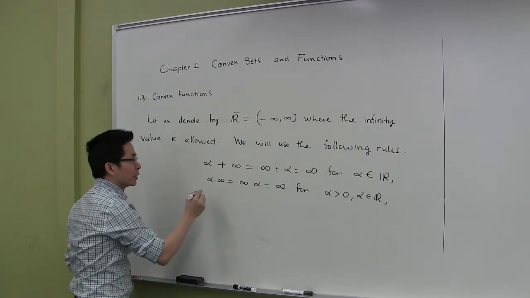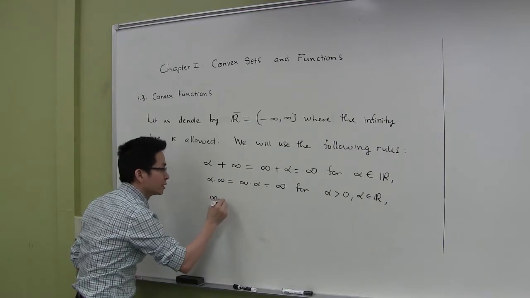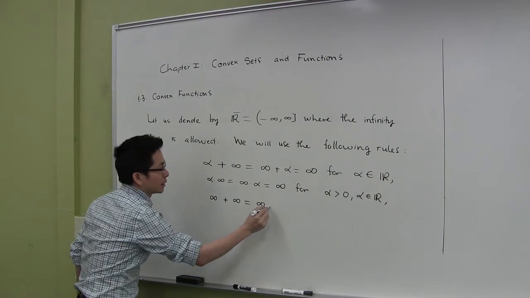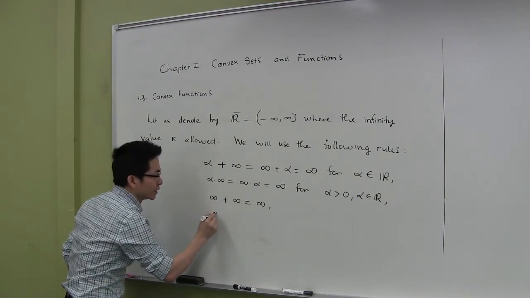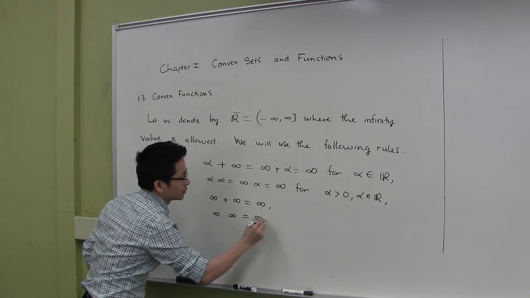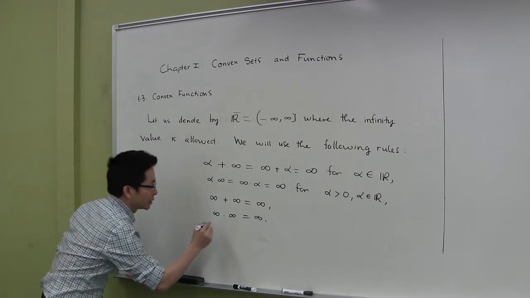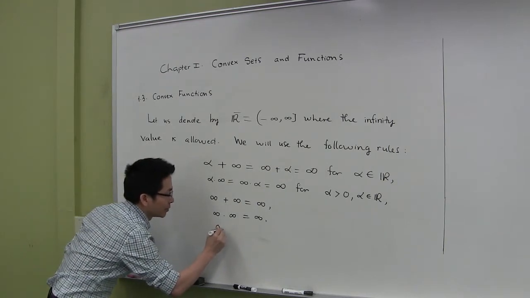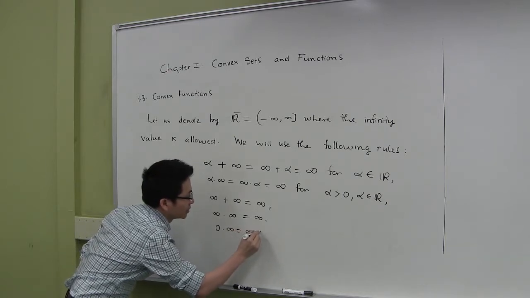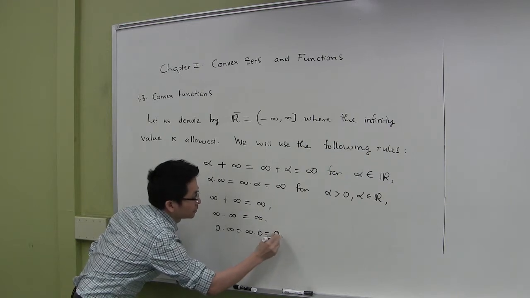Then we also use the rule that infinity plus infinity is infinity and infinity times infinity is also infinity. Another important convention is that 0 times infinity is equal to infinity times 0 and is equal to 0. Okay?